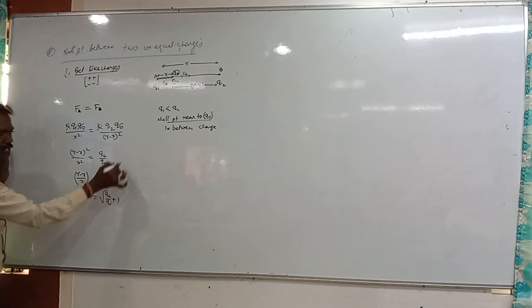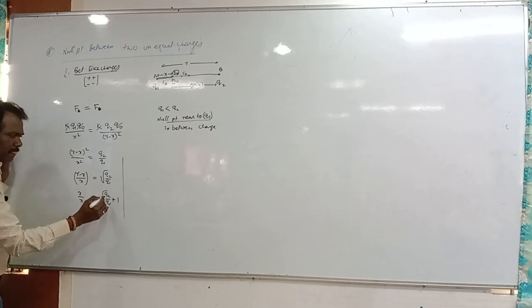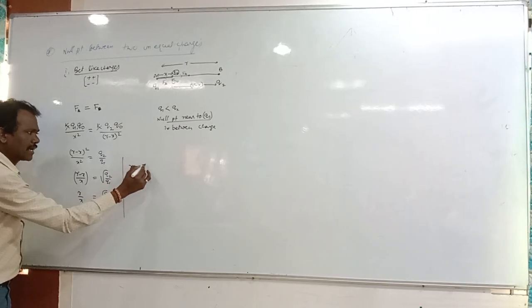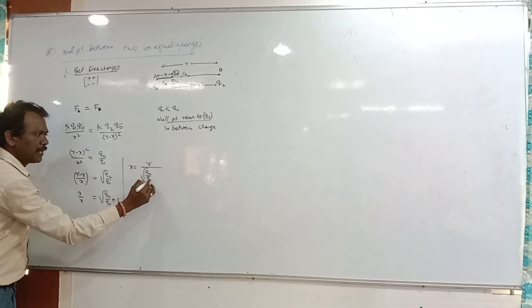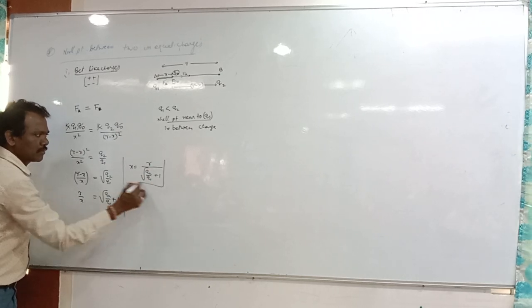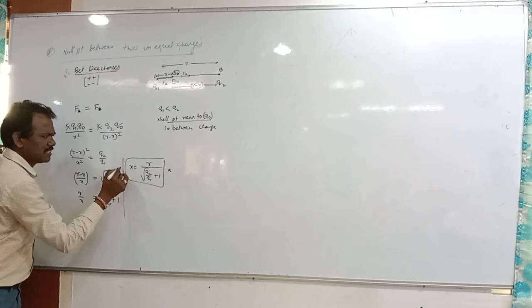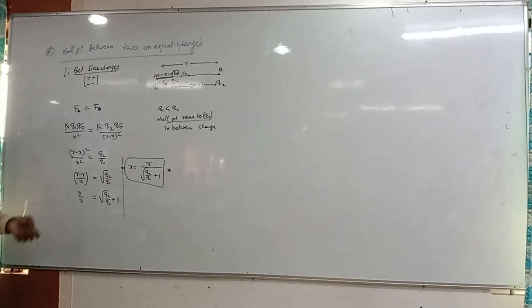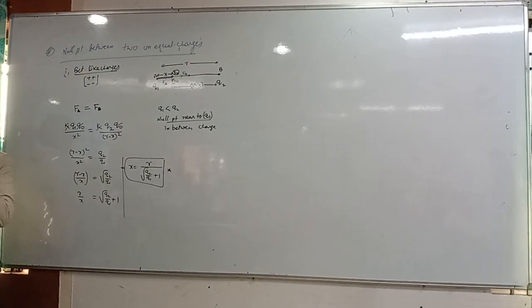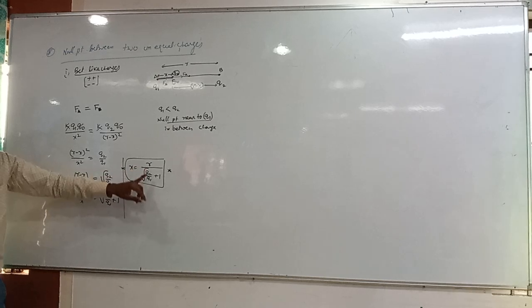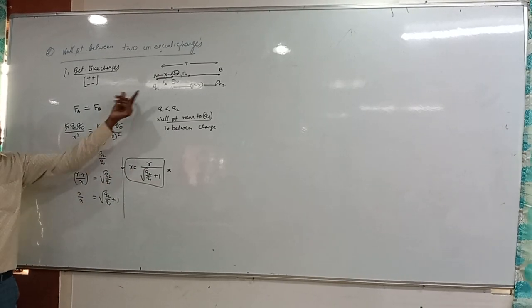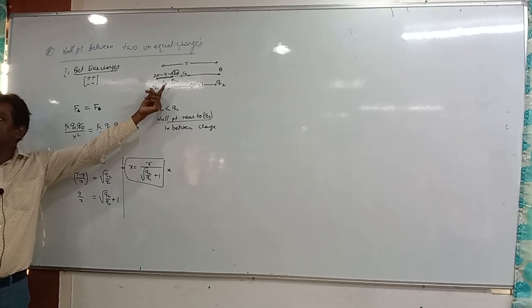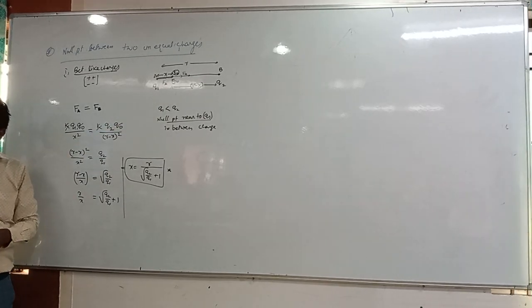So it goes into the denominator. x is equal to r divided by (under root of q2 by q1, plus 1). You can take this directly as a shortcut: x is equal to r by (root q2 by q1 plus 1). By using this direct formula, we can find the position of the null point.